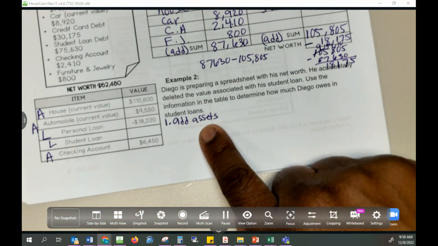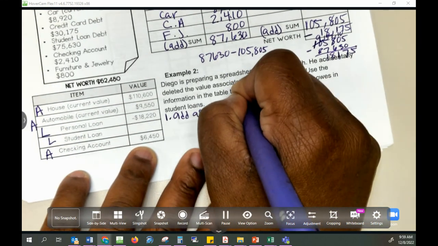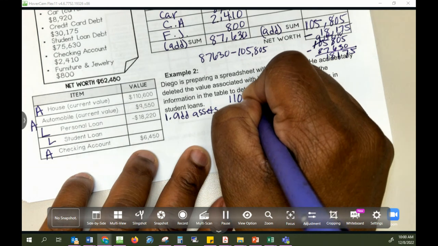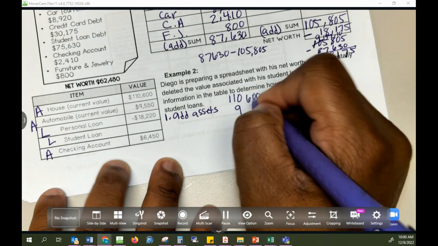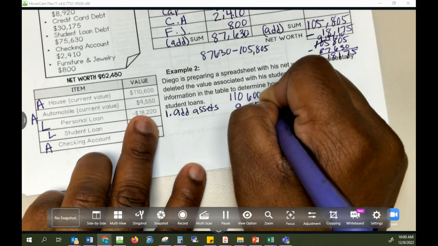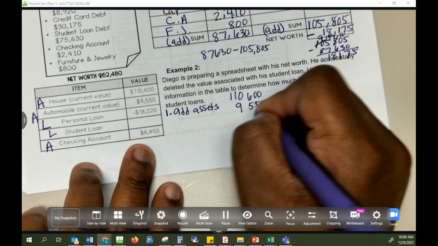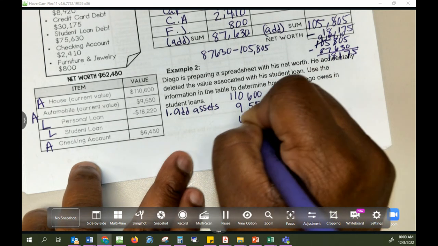All right. So we got to add up the money that's the asset. So right now we know we have 110,600. We have 9,550 and the checking account of 6450.